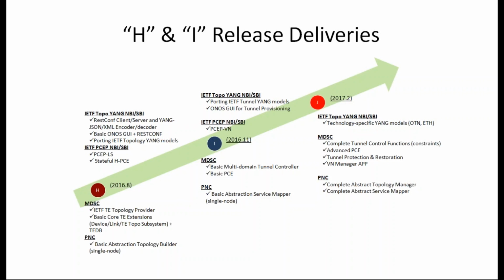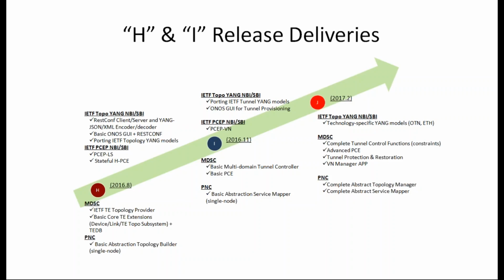And also in this process, we need to introduce the basic path computation capability in order to support automatic provisioning of the tunnels. So that's the current plan for the I release.